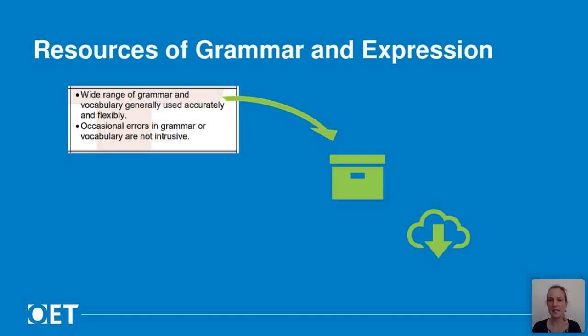But don't think of them as a tick list that you can simply tick off when you have used them once per role play. Instead, like the images on the screen, they're like a filing cabinet. You pull them out when they're needed and as many times as they're needed. Occasional mistakes are okay, but in general, they shouldn't prevent your meaning from being clear or the conversation from continuing smoothly.